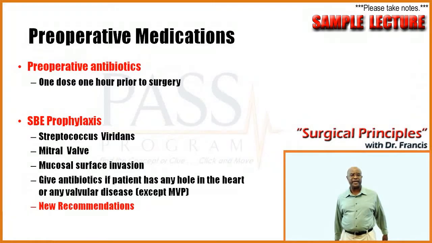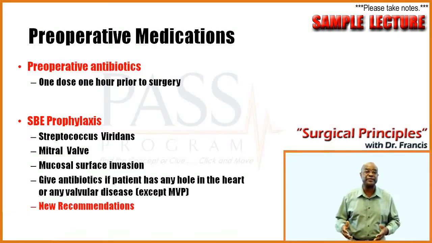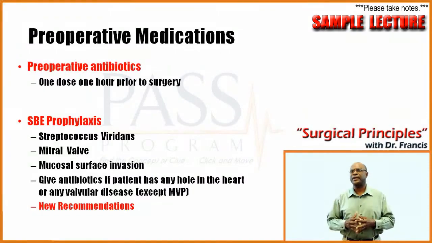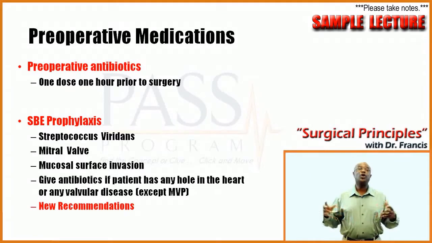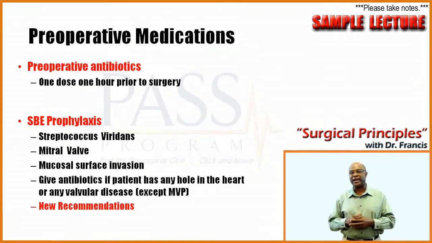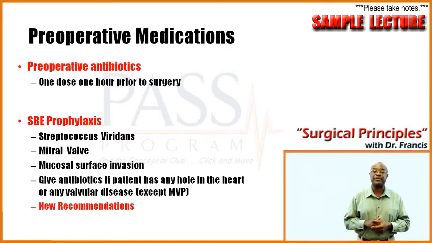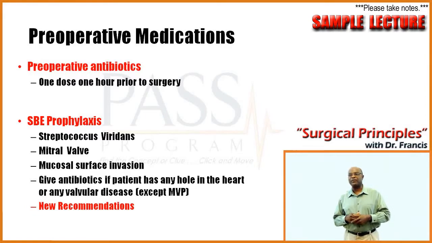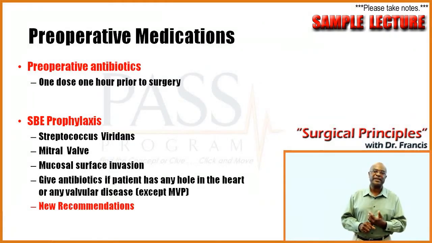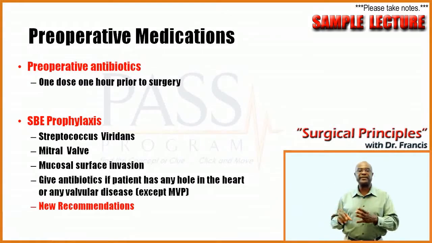Now, just to give you an update on SBE prophylaxis, a lot of new information has come out of this. Somebody did a retrospective research on this in the last 20 years to see, well, who actually gets SBE during or after a surgical procedure? And they found really 3 main reasons. Number one was somebody who has uncorrected cyanotic congenital heart disease.